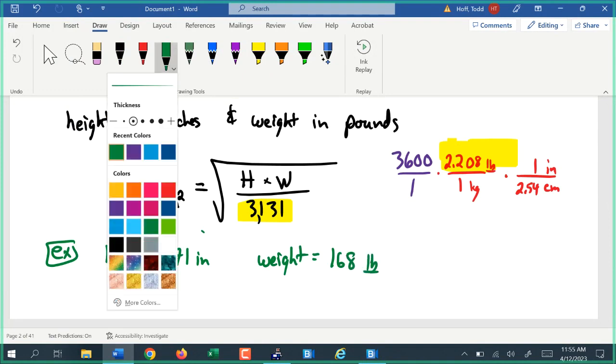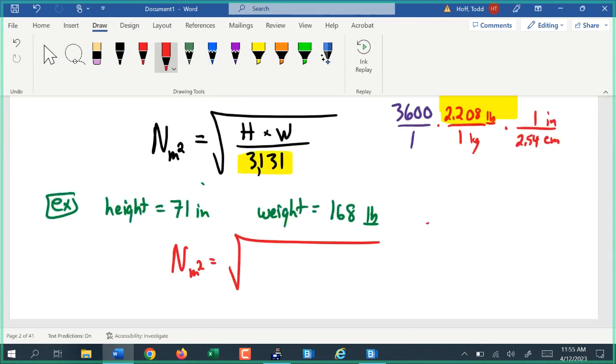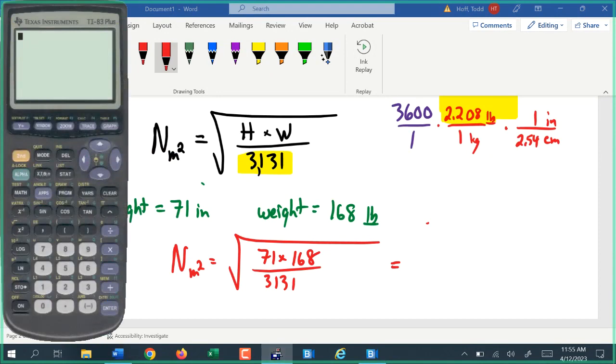So we'll plug it into the formula. The square root of 71 times 168 divided by 3,131. And again, this plugs into the calculator pretty much exactly the same way. Square root of 71 times 168 divided by 3,131. We close the parentheses on our square root.